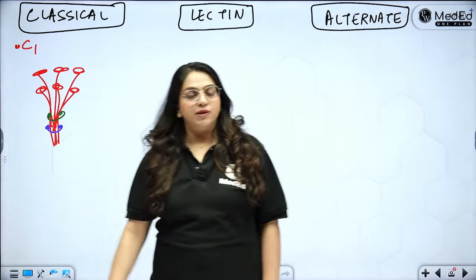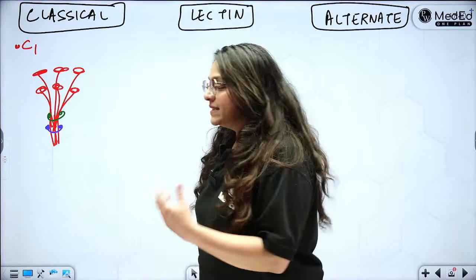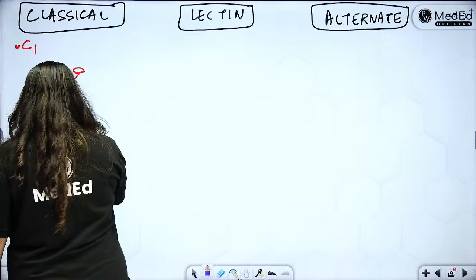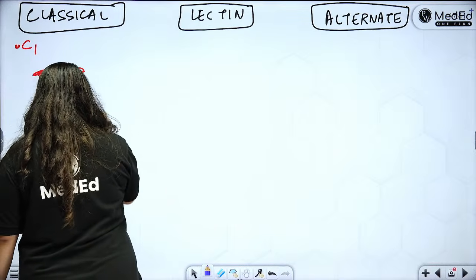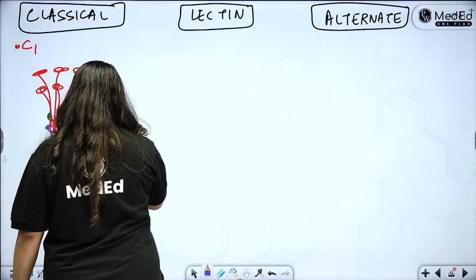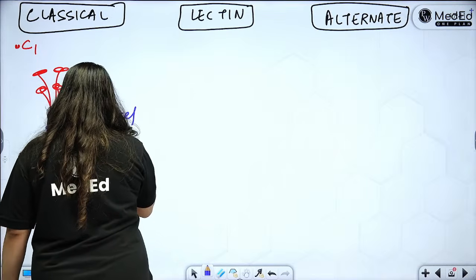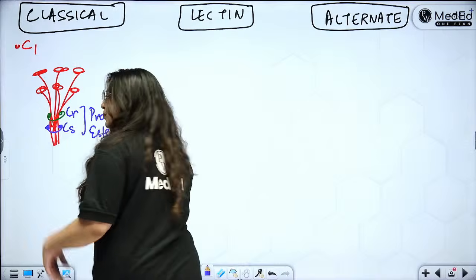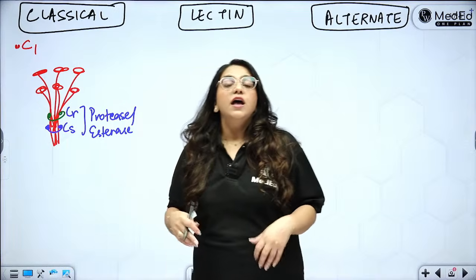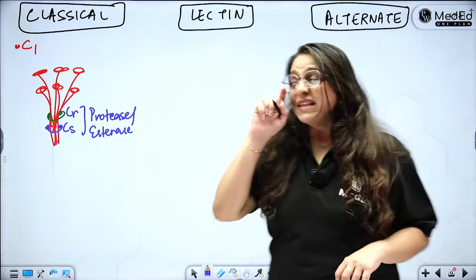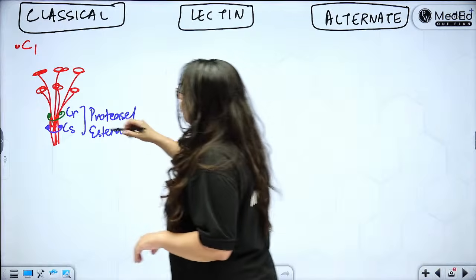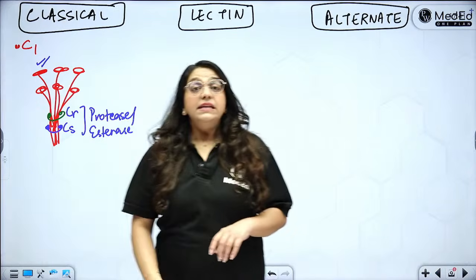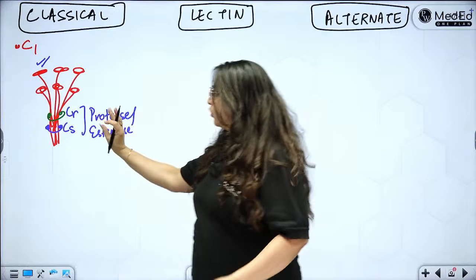What are these? These are C1r and C1s. They are nothing but proteases or esterases. You understand that a protease or an esterase is going to break a protein or an enzyme. The moment C1 gets activated, C1r and C1s rotate.